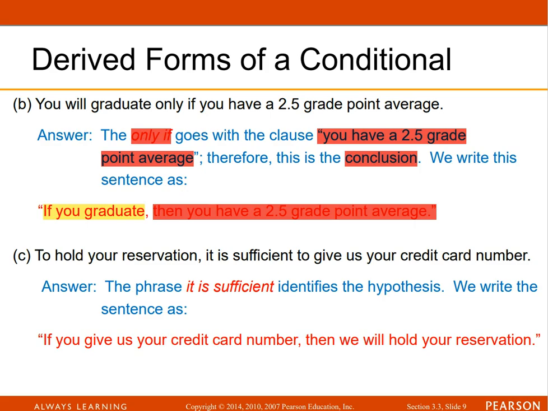Okay, and then C, to hold your reservation, it is sufficient to give us your credit card number. If you remember, the it is sufficient identifies the hypothesis. So when it says it is sufficient to give us your credit card number, that should go after the word if.